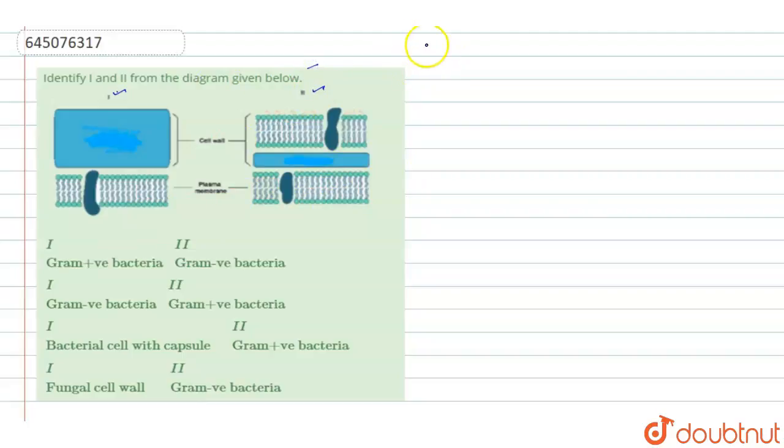Okay. So firstly, when we're talking about bacteria, we know that bacteria can be divided into two groups. These two groups are divided on the basis of a staining process called crystal violet staining.